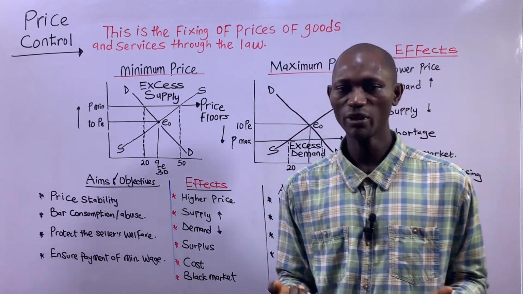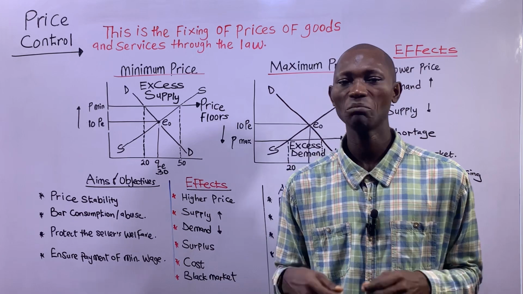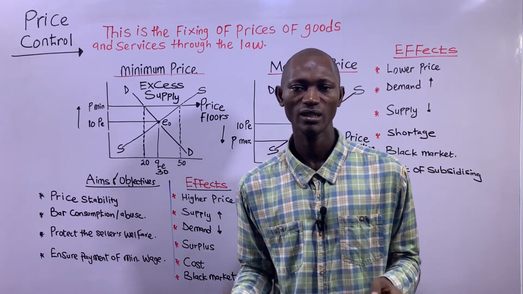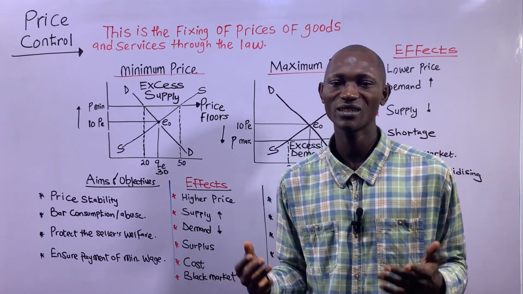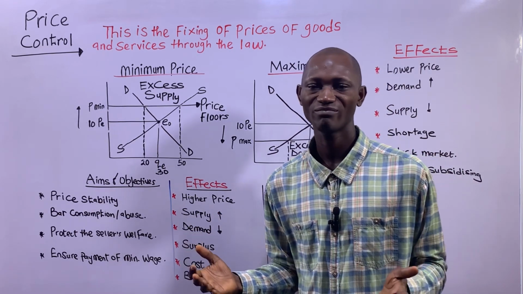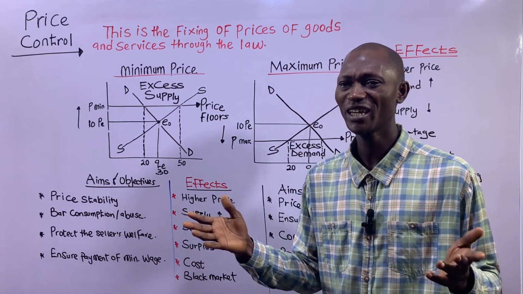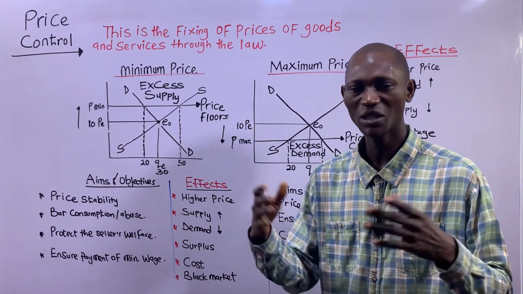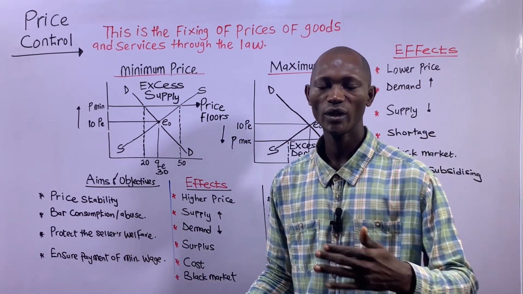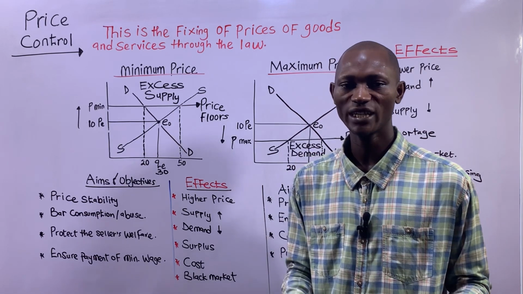Minimum wage, like I explained, is the lowest amount that can be paid to the lowest worker in a particular industry. And you have them to be cleaners, gatekeepers, maybe messengers and all that. Those are the lowest workers in any particular industry.